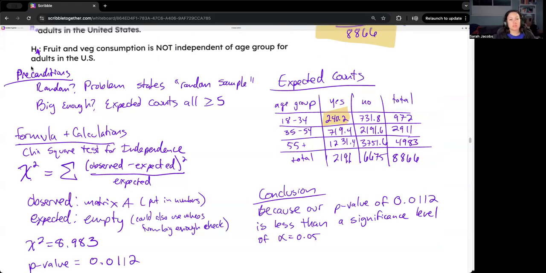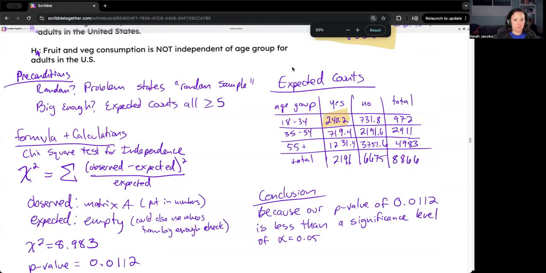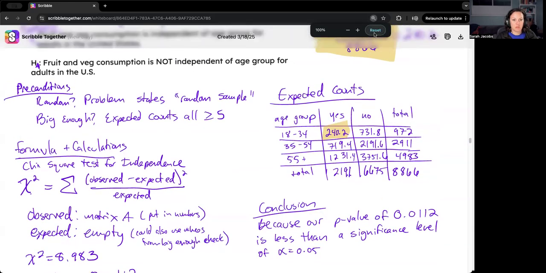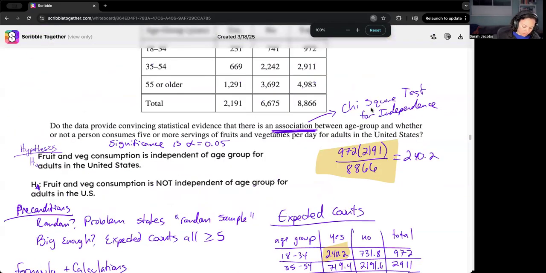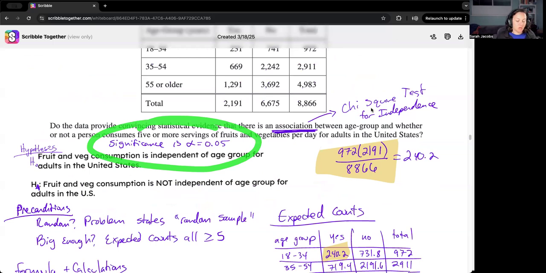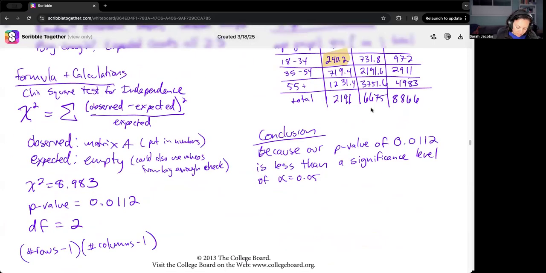Oh, why is this being so dumb? Okay. There we go. So I just said significance is 0.05 because I got 0.011. So we don't quite hit any reasonable significance level. So I'm just going to define one. Significance level is 0.05. We reject the null hypothesis.